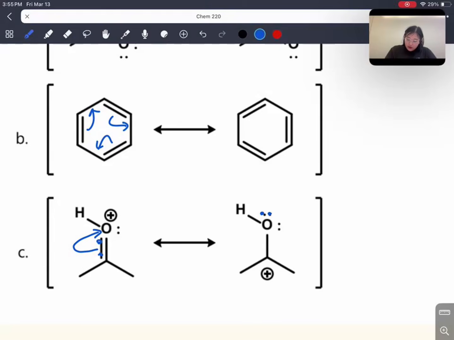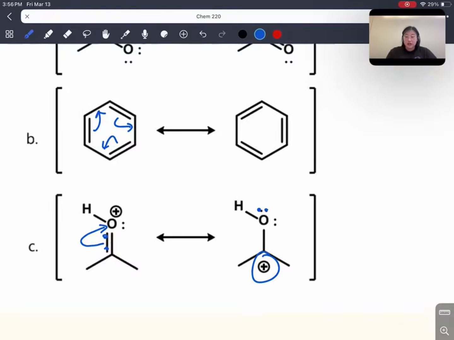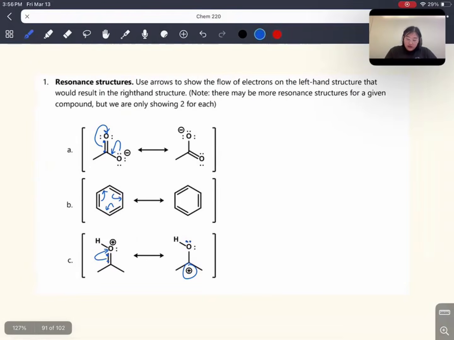And because carbons are bonded to 4 different things, if I remove a bond from it, that leaves behind a positive charge. So it's also important to draw that positive charge. Having that positive charge is also a sign that something has to leave that carbon in order to make it have a positive charge. So your arrow should probably start from a bond that is attached to that carbon. And that is how you draw the arrows to show the flow of electrons between these resonance structures.